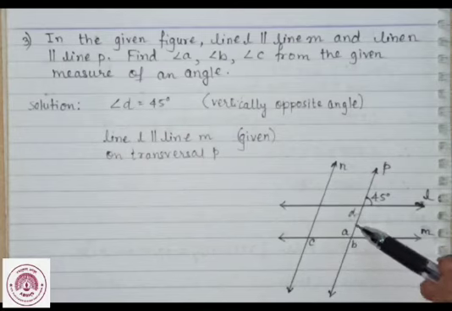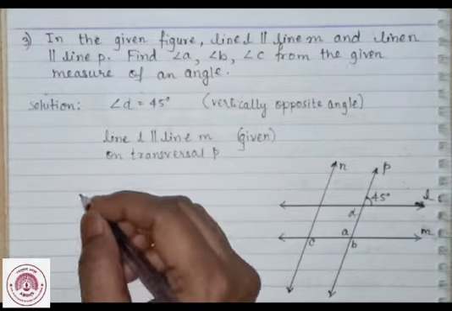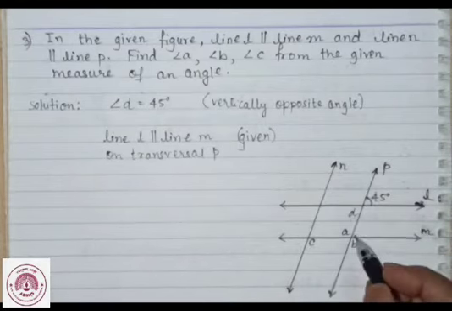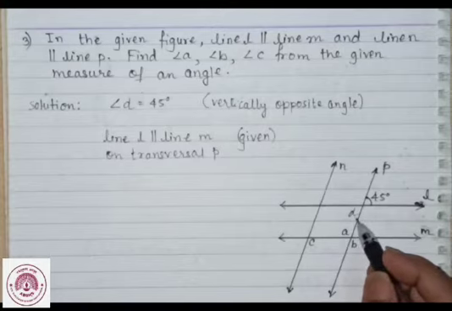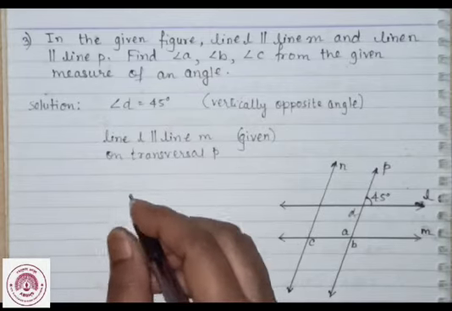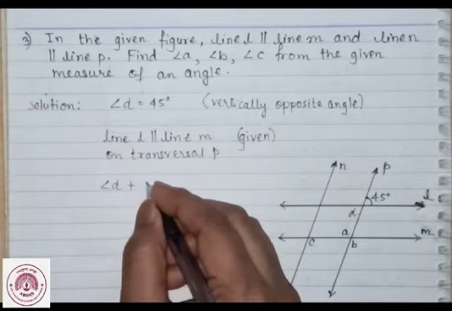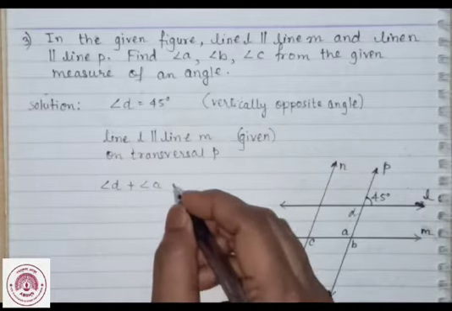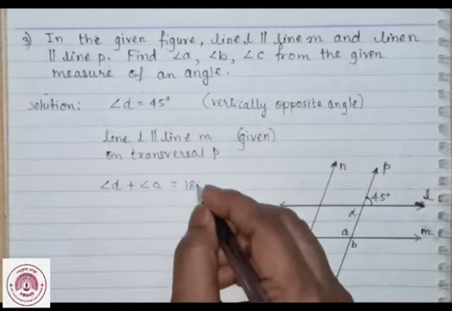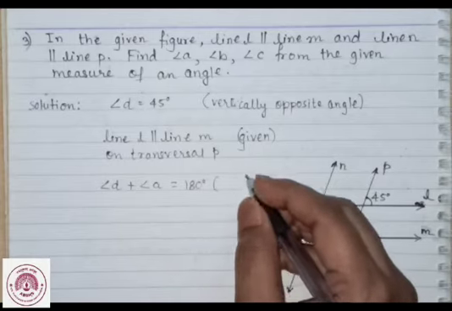D and A are interior angles on the same side of the transversal. So we can write angle A plus angle D equals 180 degrees because interior angles are supplementary. We'll write the reason, interior angles theorem.